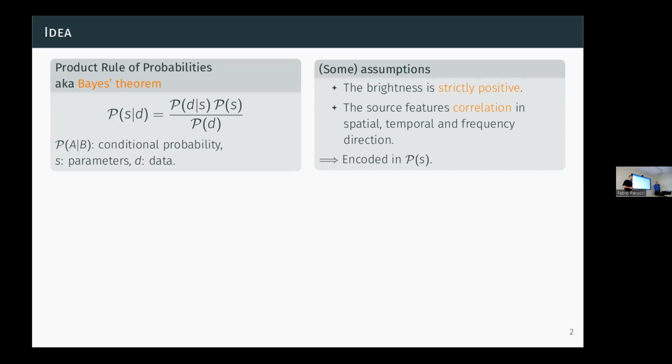We want to exclude this a priori, and we want to exploit correlations in all its dimensions. So not only spatial correlations, but also correlations in time and frequency. These are the two main assumptions that we wanted to bring into the analysis. And this already has a few very profound practical implications.